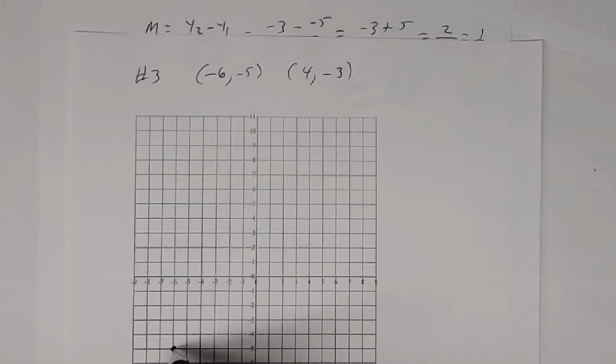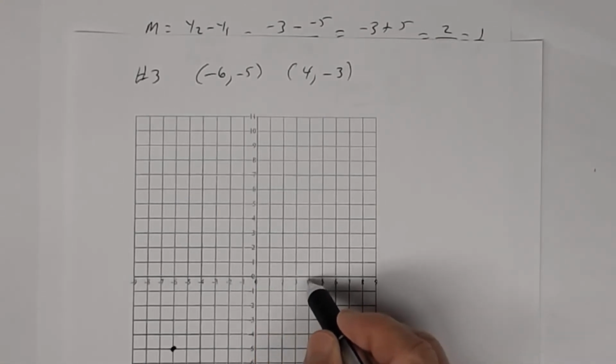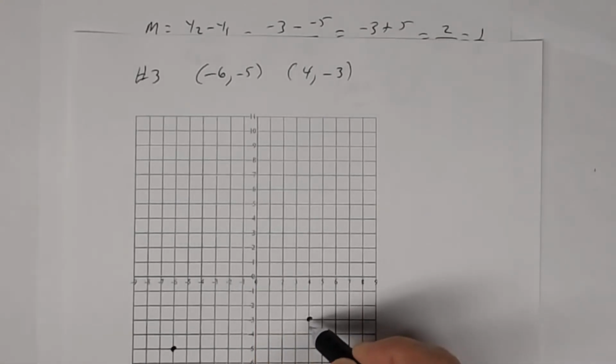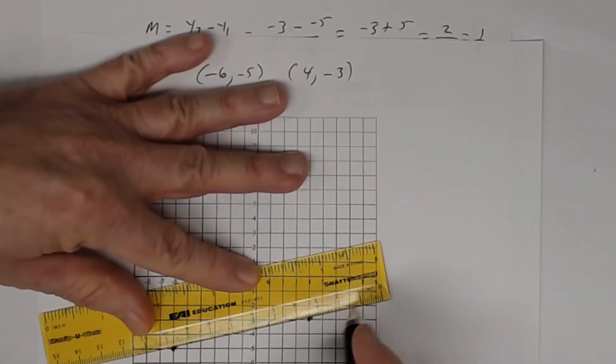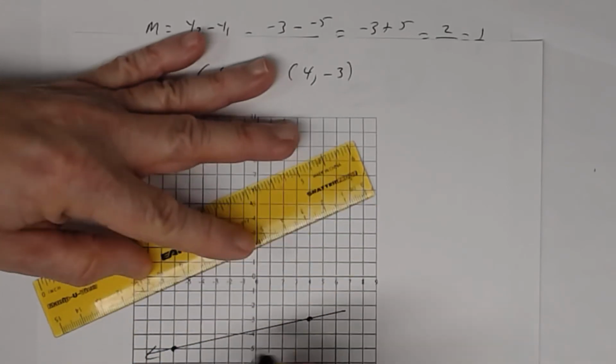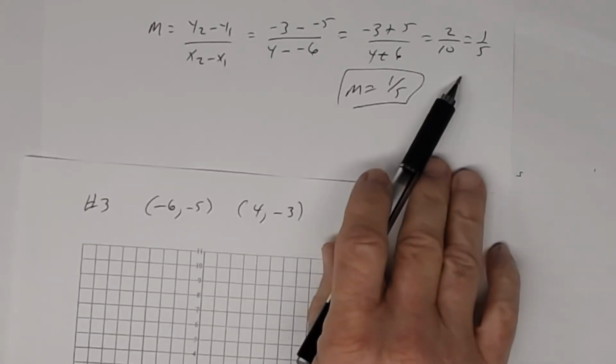There's that point -6, -5. 4, -3, I go to the right 4 and down 3, right here. And draw the line like this. All right. And then notice the line is rising, which it should be because the slope is positive.